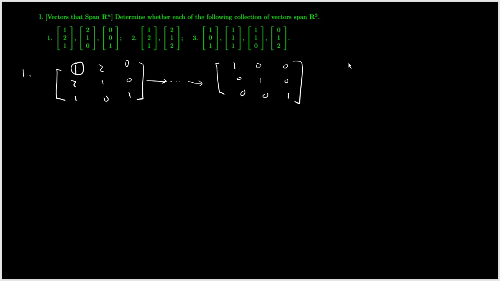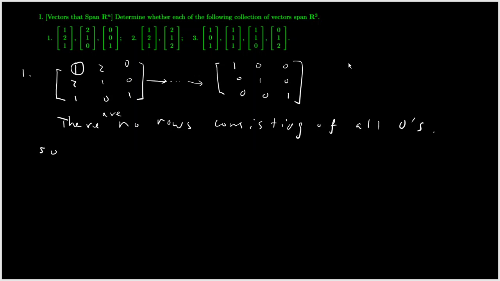So maybe I'm going to write yes. Okay. So there are no rows consisting of all zeros. So the given vectors, I'm not going to copy them. For question 1, you are given 3 vectors.